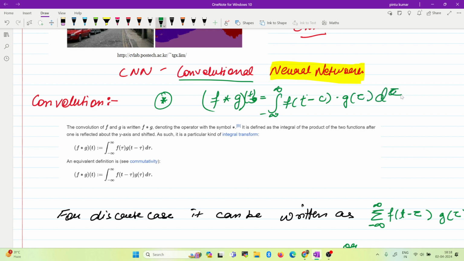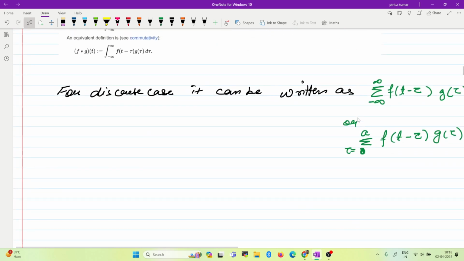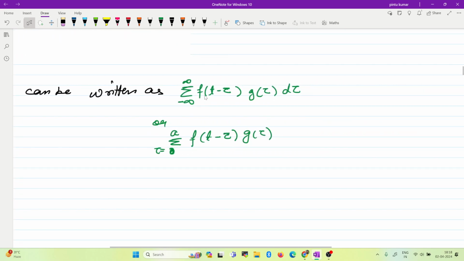d tau. Okay. If you look at the discrete version of this, whenever you go from the continuous case to the discrete case, you replace your integration by summation, right? So the discrete case can be given by summation from minus infinity to infinity of f of t minus tau into g of tau.